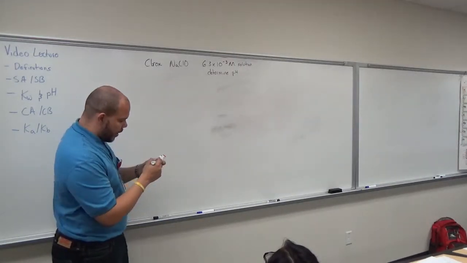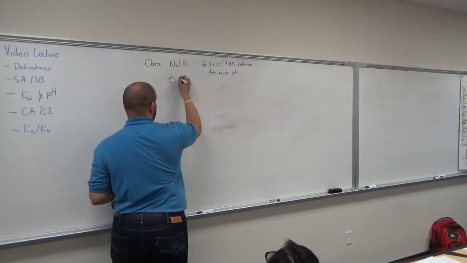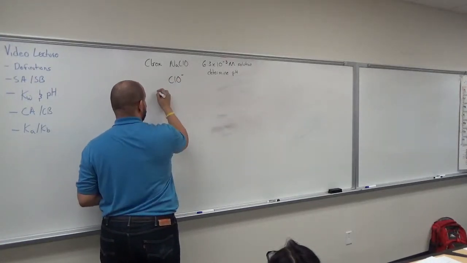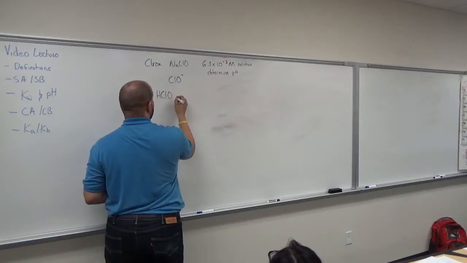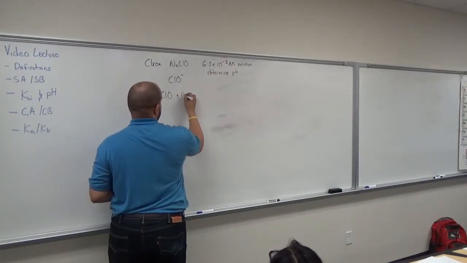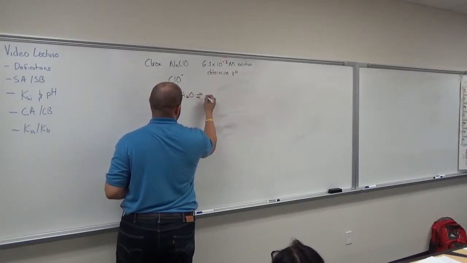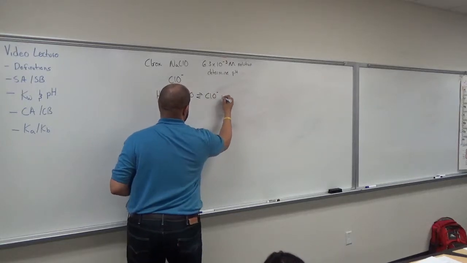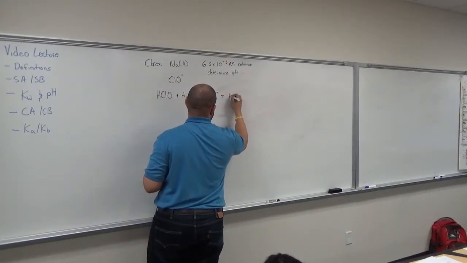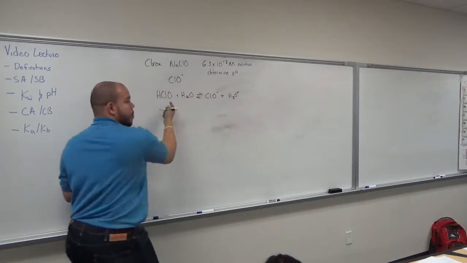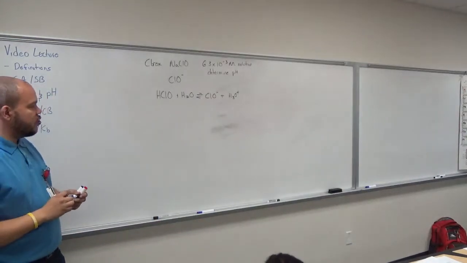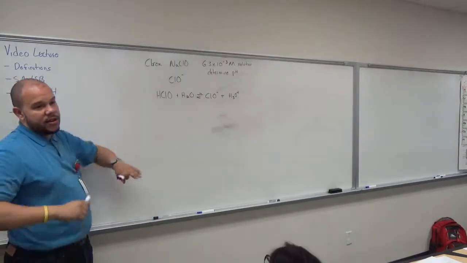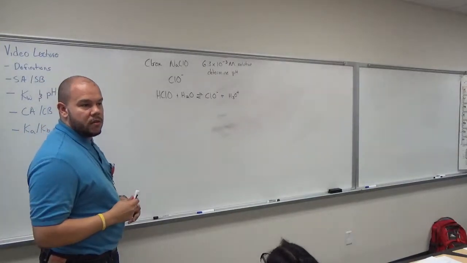What you have to be able to recognize is that hypochlorite is the conjugate of hypochlorous acid, and there you have the reaction that you need to be able to write. Once you get to this reaction, everything from there is easy peasy.